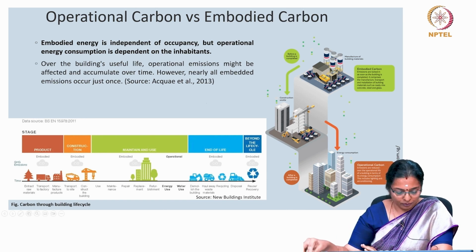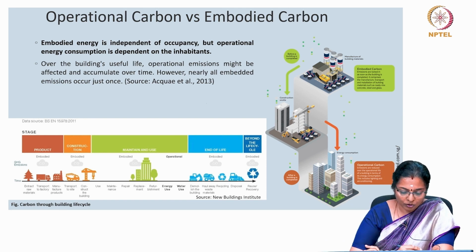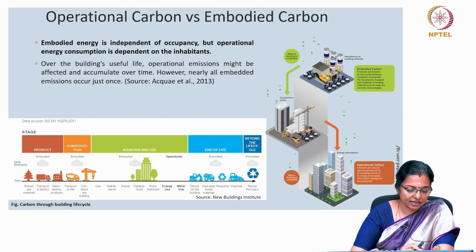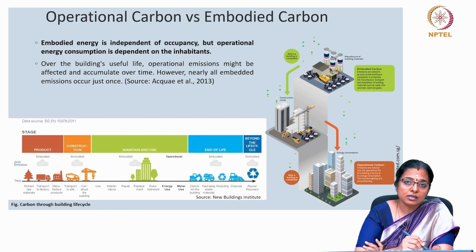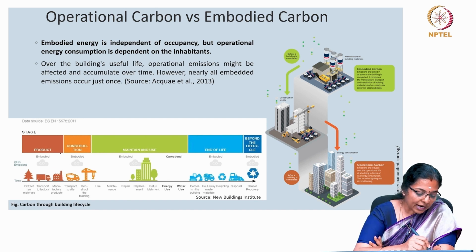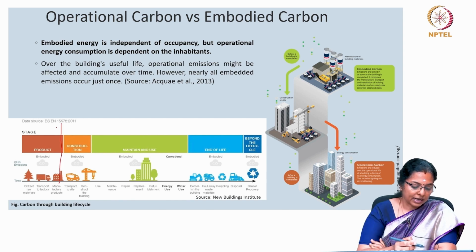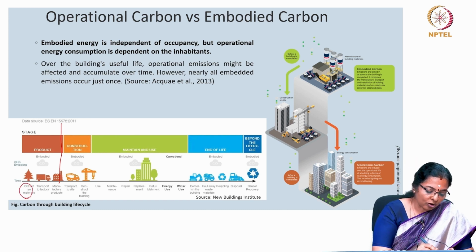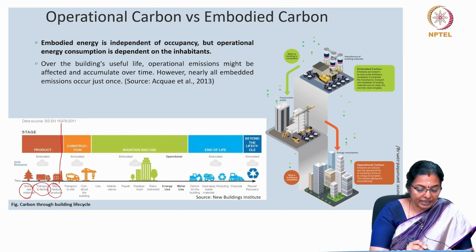Now, here if you look at what all constitutes operational energy versus embodied energy. We have already seen this, but for the sake of recollection and better clarity, I would like to repeat that. Embodied energy of a product happens when you extract the raw material, transport the raw material to the factory, and manufacture the product.